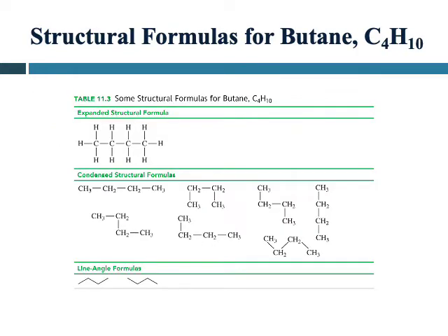Okay, so this is again a different molecule, C4H10. This is your molecular formula. This formula tells you we have 4 carbons and 10 hydrogens. This is expanded. You have 4 carbons, 1 2 3 4, and each carbon has 4 bonds. This is condensed.